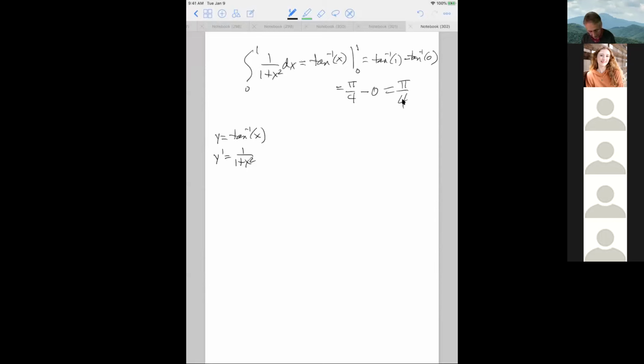I've got 1 divided by, parenthesis, 1 plus x squared, close parenthesis, comma x, comma 0, comma 1, close parenthesis. The answer is, does that look like pi over 4 to you?